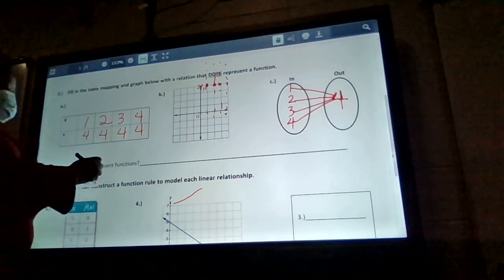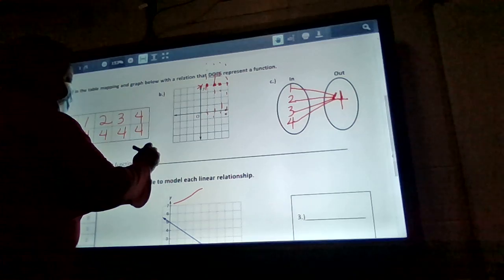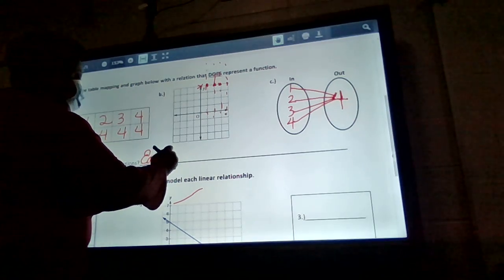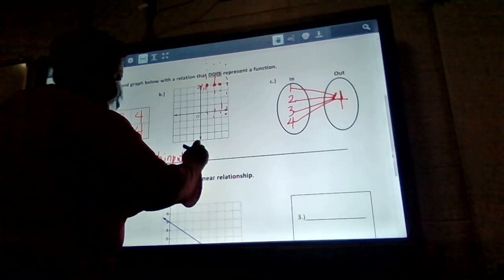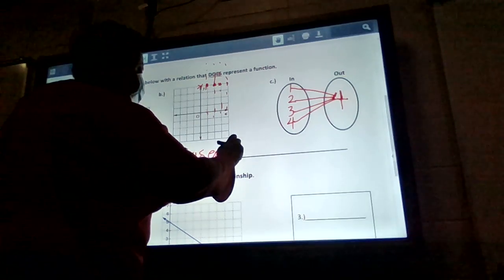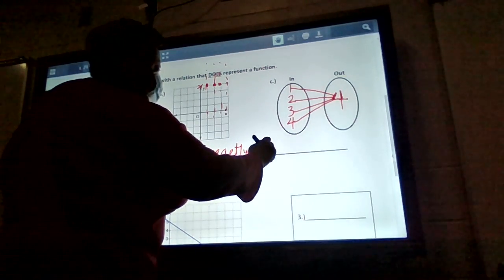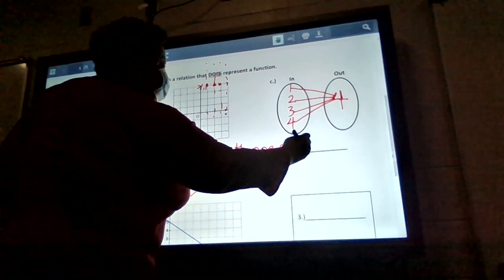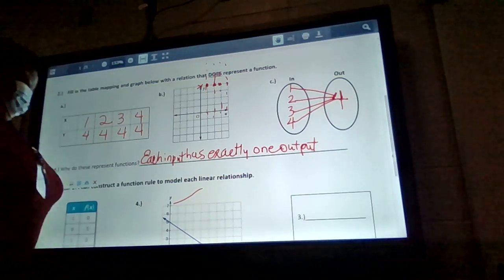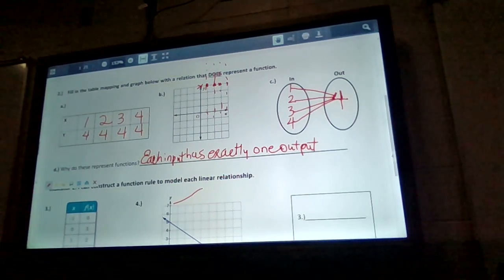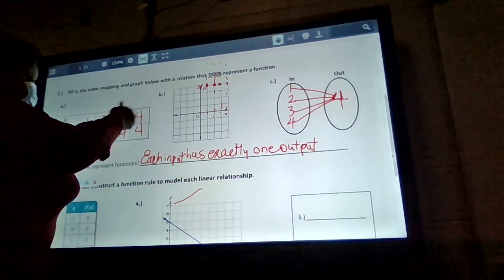It's a function because each input has exactly 1 output. That's the definition of a function. Each input has exactly 1 output. So this one is a function.